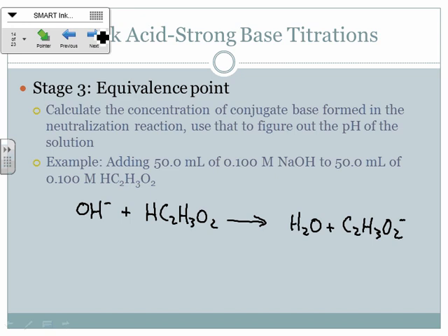Okay? And again, for stoichiometry, we want to talk about moles. So the OH minus here, how many moles of OH minus do we have in this solution? We did a similar calculation yesterday.